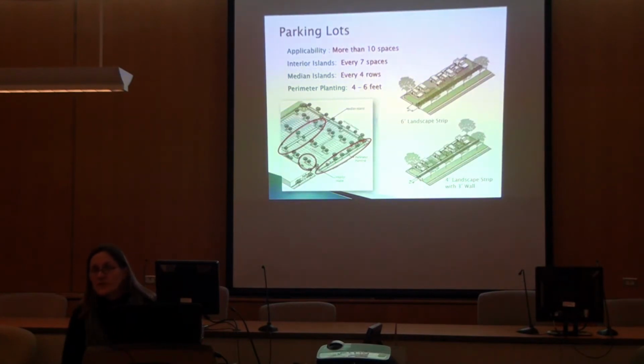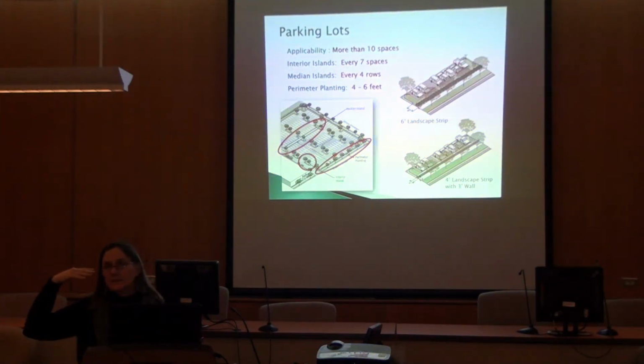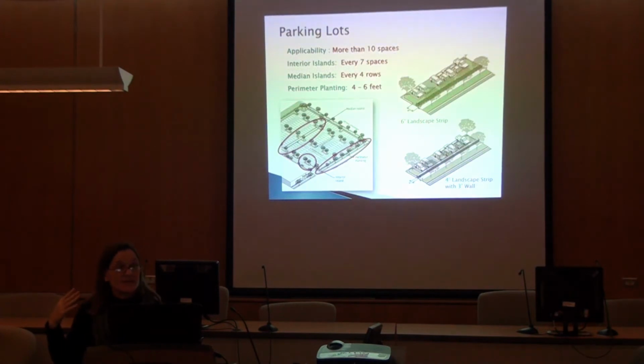And then along the streets or along the perimeter of the parking lots, we're going to ask you to put in a buffer to shield the parking from folks walking down the street. In all these, we give you some options for how wide those buffers or screening areas can be. We tell you the size of the trees. We prefer taller shade trees, what we call class 1 shade trees. But oftentimes in the downtown, we have overhead power lines in the way, so there are options to put in smaller trees if that's the case. We're trying to be flexible with this.